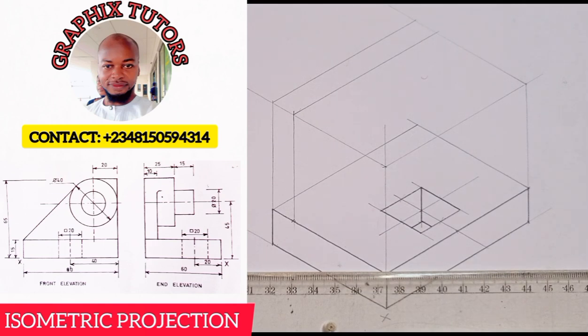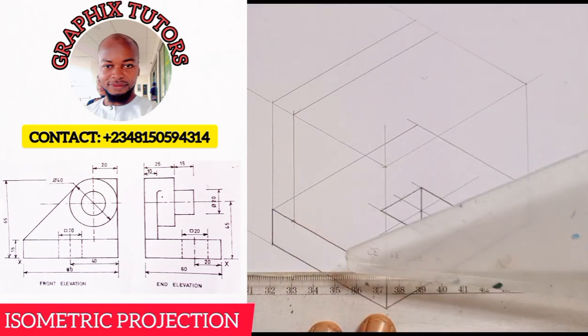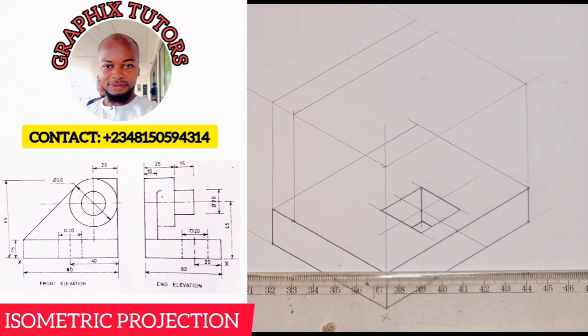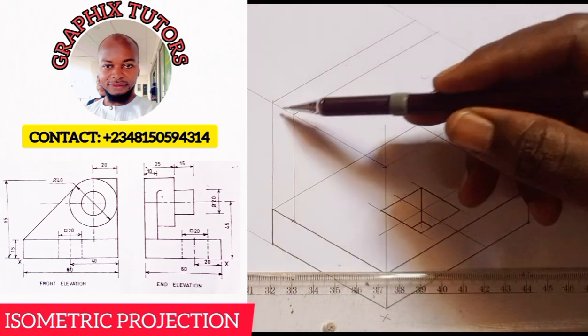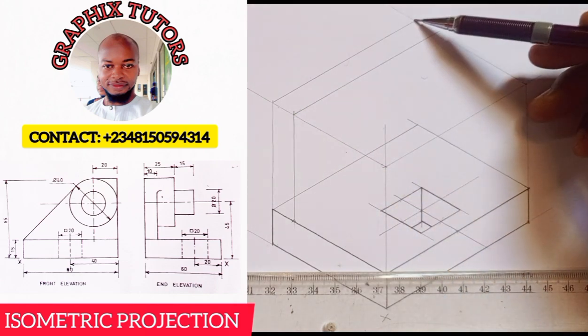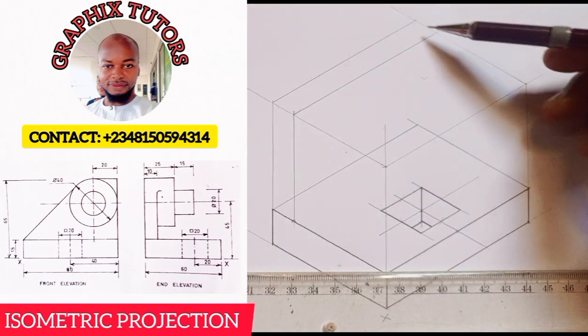Can you see that? Now, the next thing we're going to do after measuring that 10 is to measure 25. 25 here means from the beginning to the ending. So I'll start from this end here. Right? 25 to this side.